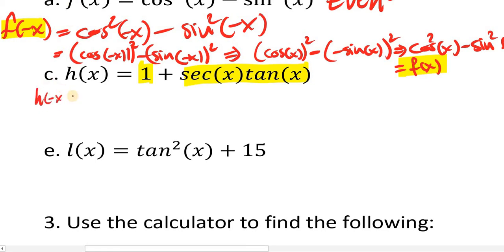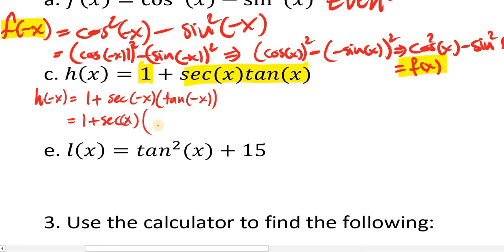H of negative x is equal to 1 plus secant negative x times tangent negative x, which is equal to 1. I know secant negative x is positive secant x, but tangent negative x is negative tangent x. Notice how this is a multiplication.